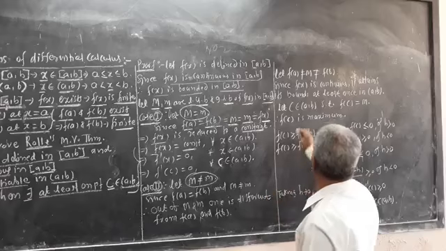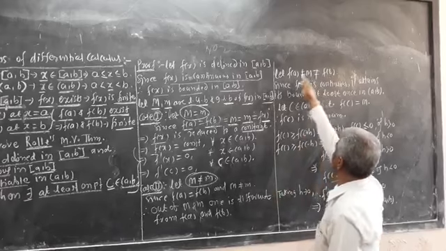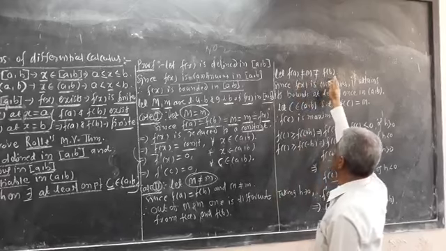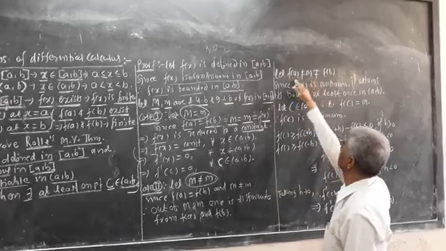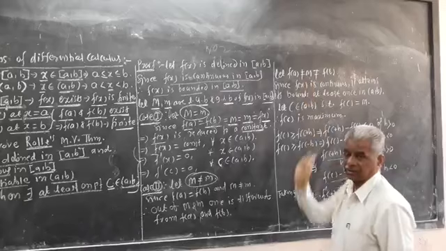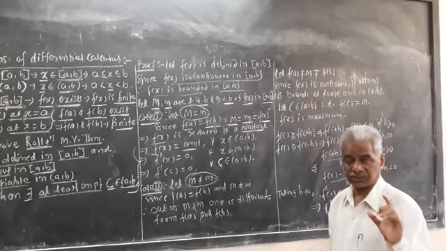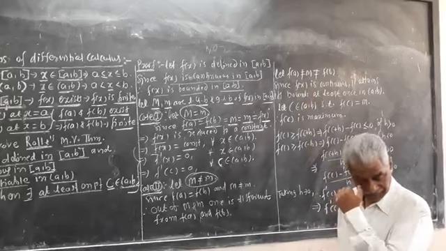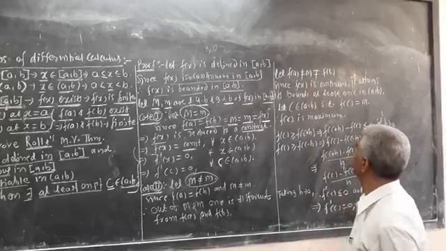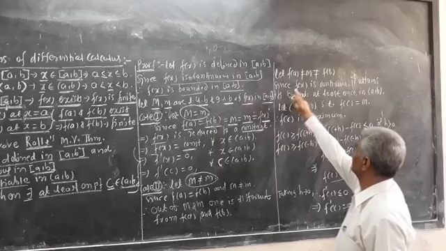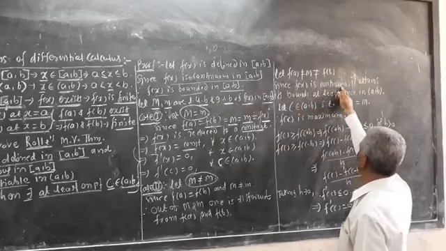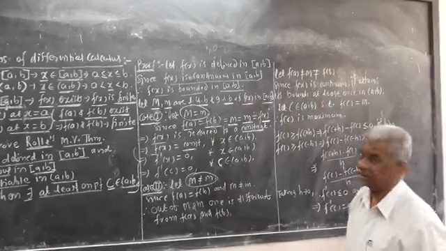Now suppose that out of these two values f of a and f of b, capital M is not equal. That is, we have supposed that. Now again, f of x is continuous according to the first condition.